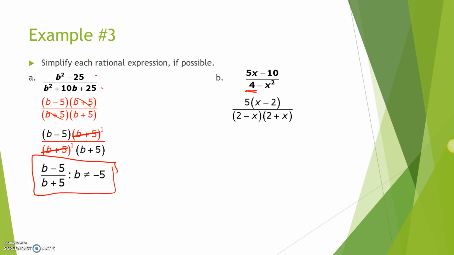This is where we're running into opposite binomials. So we identify our opposite binomials, and my opposite binomials are this x minus 2 and 2 minus x. We're going to rewrite one of the opposite binomials.